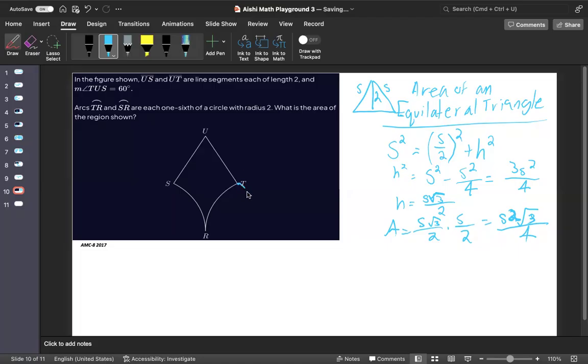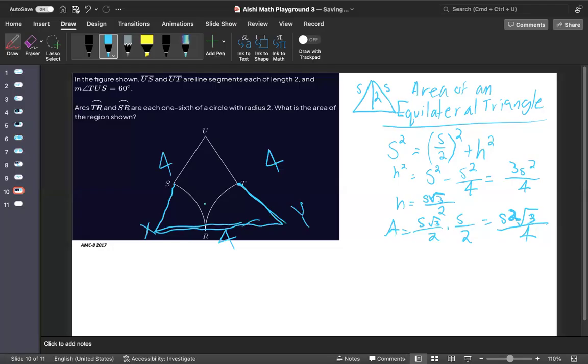Okay, so if we continue UT and US to make an equilateral triangle with side 4, let's call this X and Y. So each side is 4.